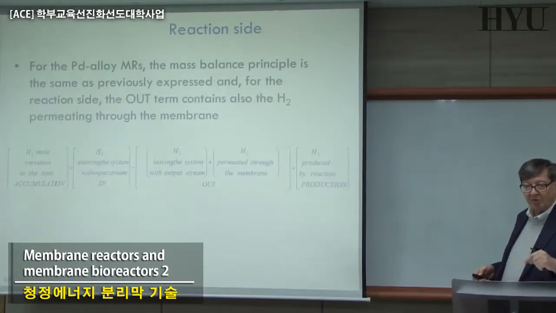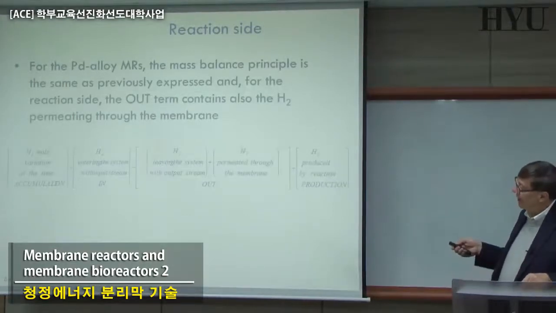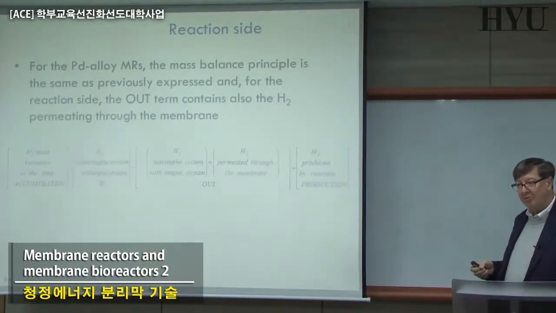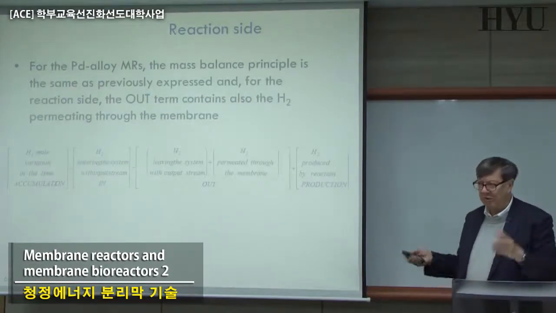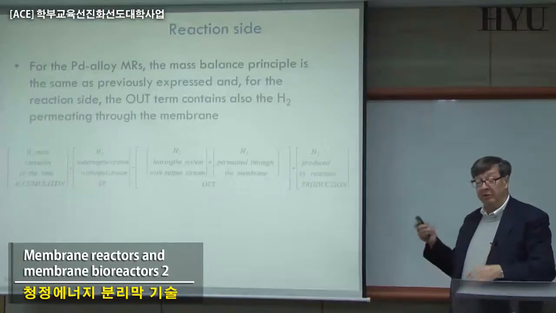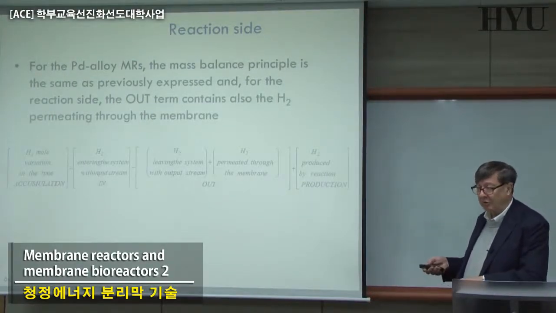The way to solve the problem is not working with palladium, but working with palladium alloys, which means palladium plus some percent of other metals, can be nickel, can be vanadium, etc. Still today, silver is a typical good palladium alloy.